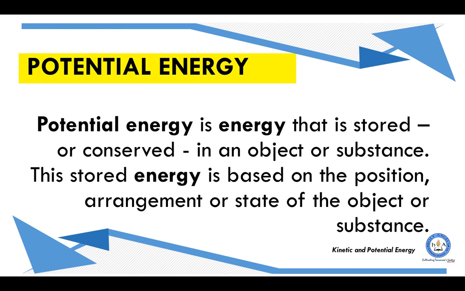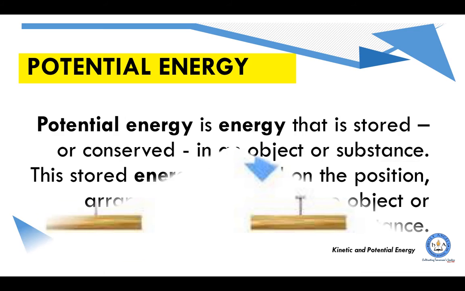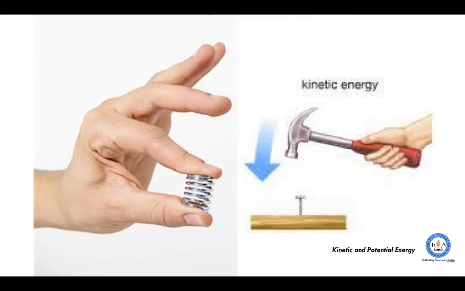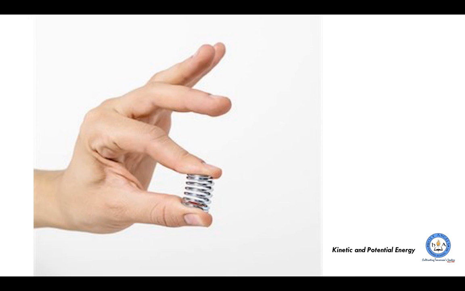Let's proceed to potential energy. We've learned that potential energy is stored in an object due to its position or configuration. For example, an object held up high, like the hammer, has potential energy. When it goes down, it creates motion, which is called kinetic. A compressed spring has potential energy.